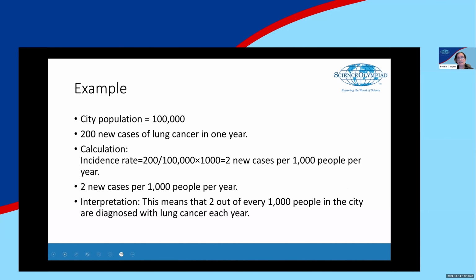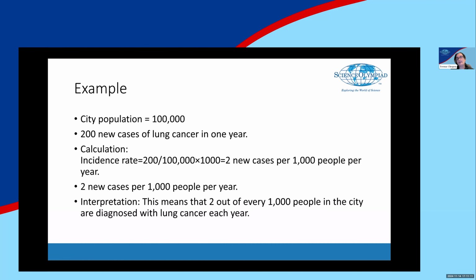For example, you have a city population. You are given that there are 200 new cases of lung cancer in 1 year. So you have the numerator, you have the denominator, like we saw in the formula. So you calculate the incidence. So incidence is 2 new cases per 1,000 people per year. Now there could be a question where you would be asked to calculate the incidence rate, using the formula, simple math.